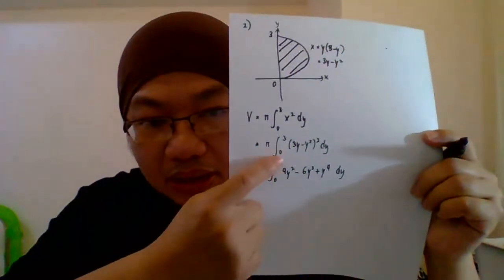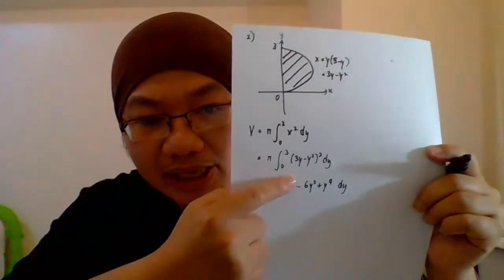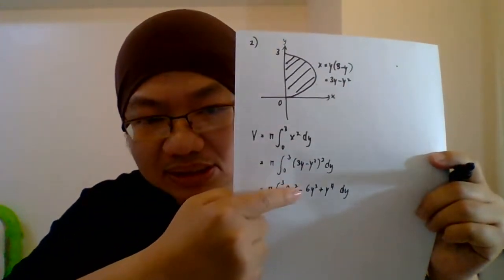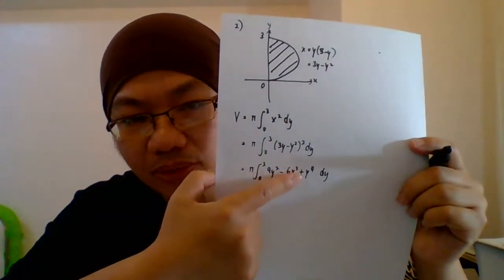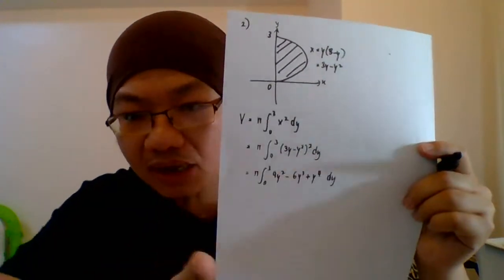Okay, so when we expand, we're supposed to get 9y squared minus 6y cubed plus y power 4. 3y squared is 9y squared, 3y times y squared is 3y cubed twice, so negative 6y cubed, and y squared squared is positive y power 4 dy. Now we start the integration, normal integration.